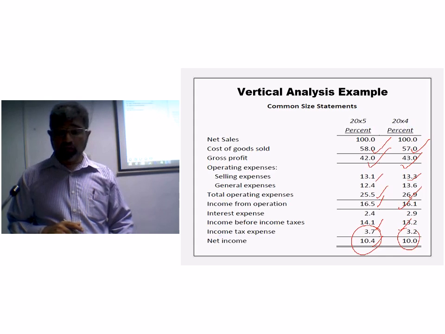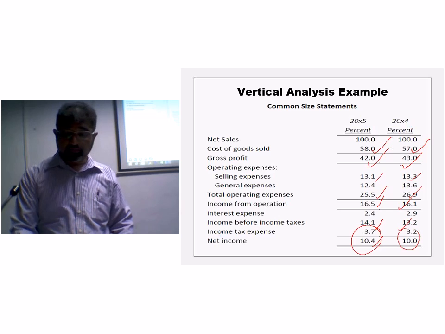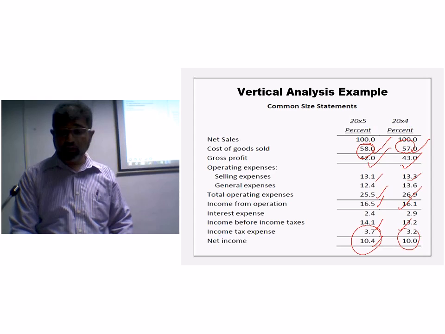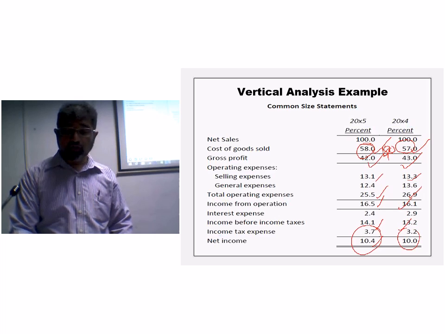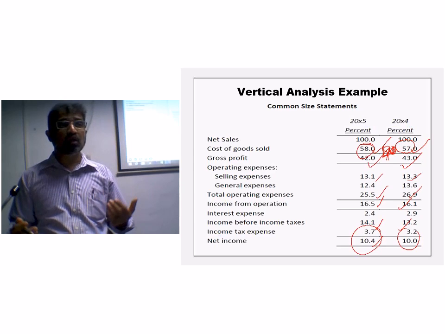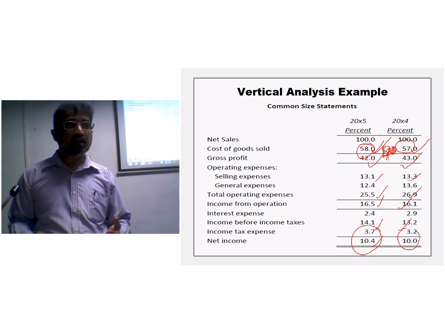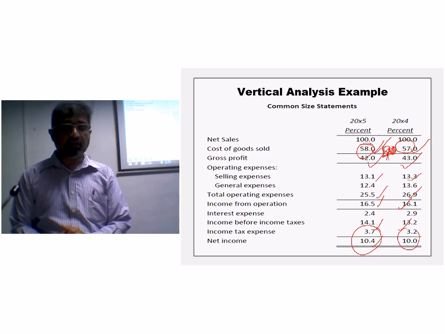But in some cases, as an auditor or accountant, you can identify some big difference. Now, if cost of goods sold was 40 and now this value is 58, now you can see a big difference.